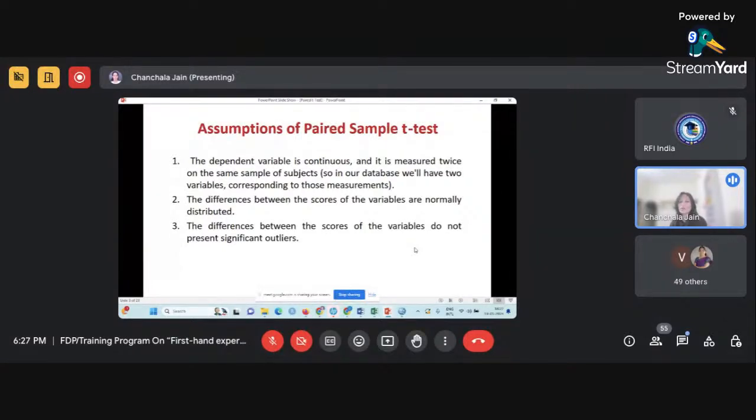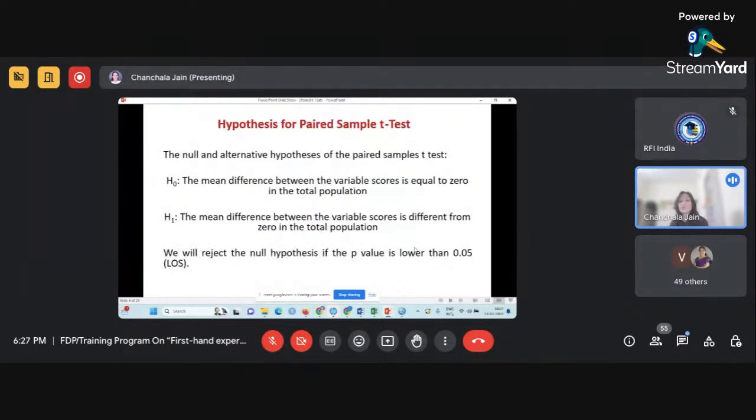And this way we can formulate our hypothesis. Generally, in an easier way, the hypothesis can be: there is no significant difference in the DV before and after the two conducts. That would be the paired samples t-test hypothesis, right?